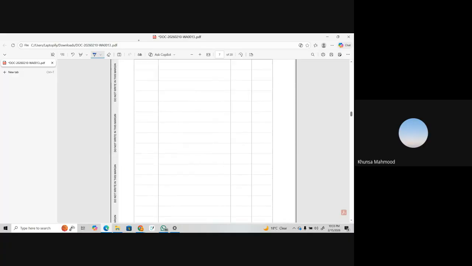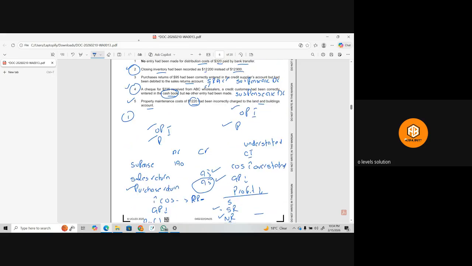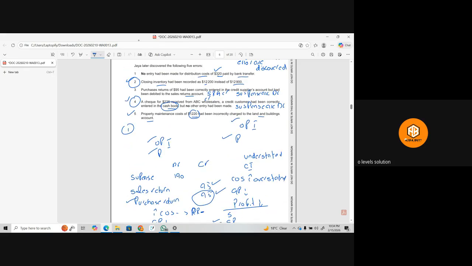Can you explain why it's no effect again? Because as you can see, whatever is happening there, it is happening with your trade receivable and cash book. Cash book and trade receivable both are not part of the income statement. They are asking us to write the effect on the profit only, and these two things are part of the statement of financial position, not the income statement.